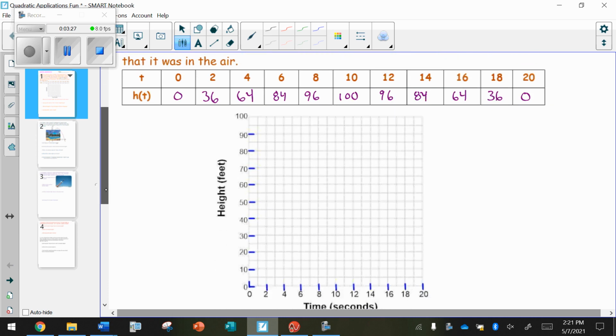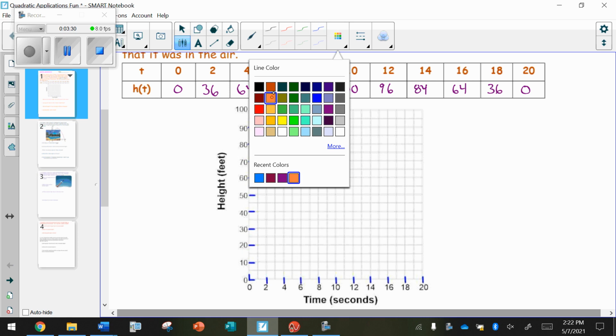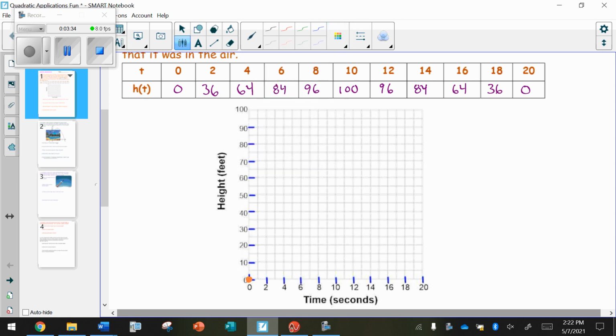All right, so now let's plot the dots. So 0, 0, 2, 36, 3 skipped, 4, 64, 8, I'm sorry, 6, 84, 8, 96, 10 is 100, and then 96, oops, 80, 84.